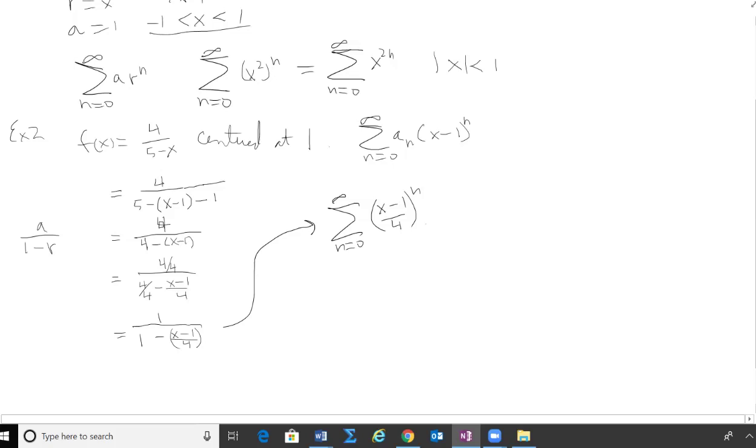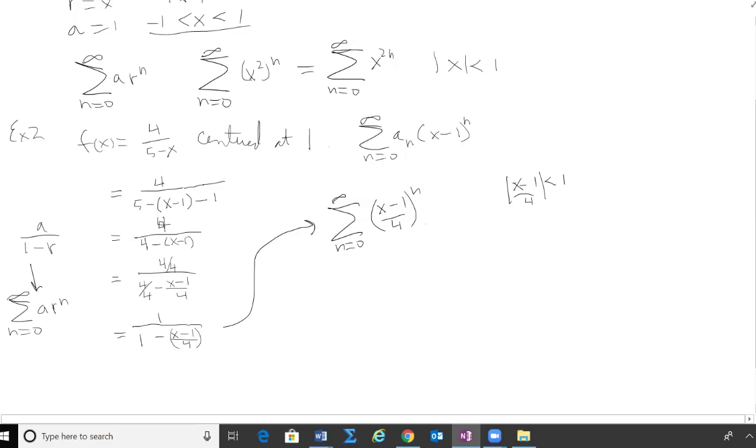Remember, where this comes from is because this thing is the same as this. So I just substitute my r, and also here I can see that this would have to be true, otherwise it would not be a convergent geometric series.